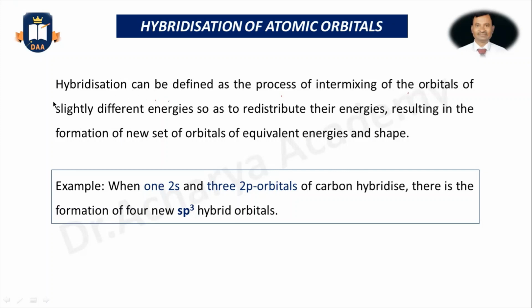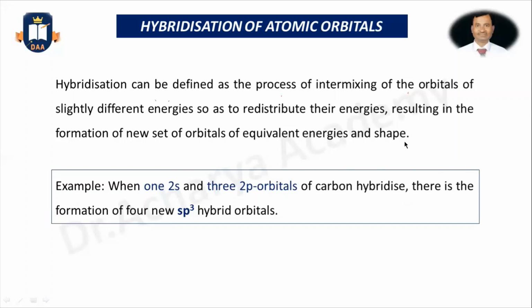The atomic orbitals which will be intermixed to form hybrid orbitals should have slightly different energies so as to redistribute their energies, resulting in the formation of a new set of orbitals of equivalent energies and shape. So hybrid orbitals always have equivalent energies and similar shape.